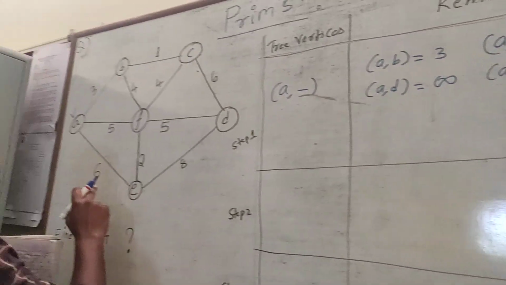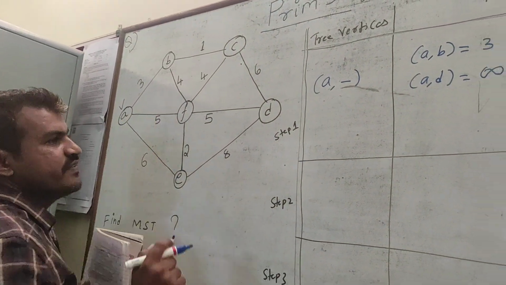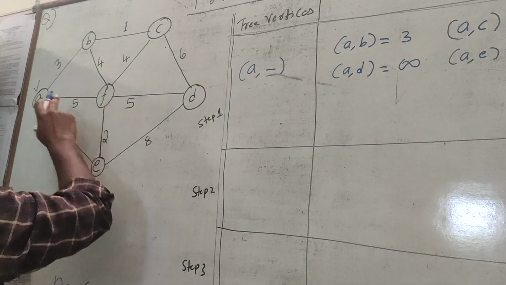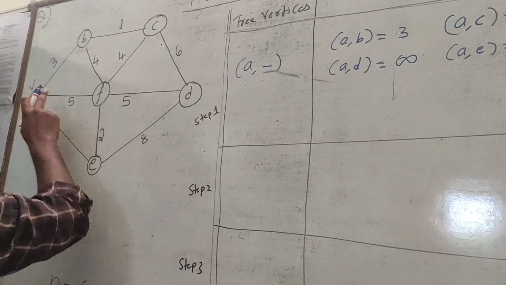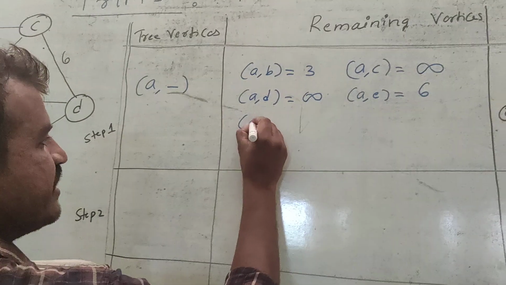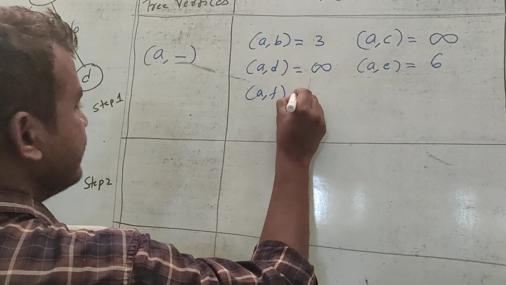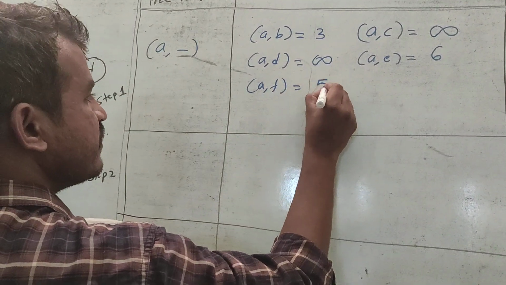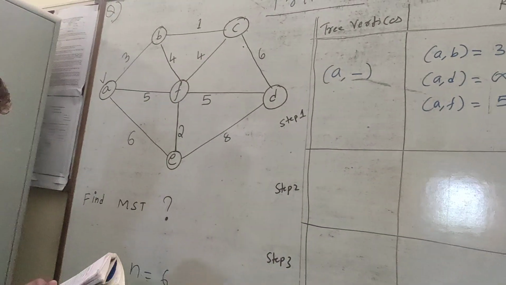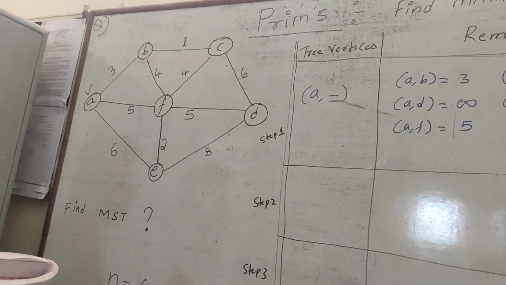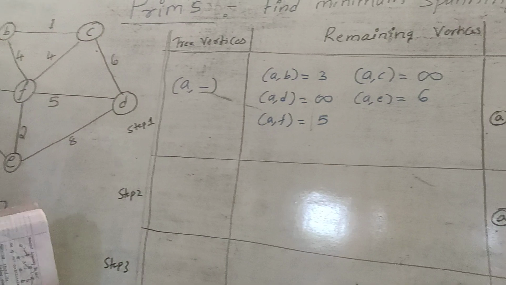Then A to F. Is there a direct edge? Yes, there is a direct edge from A to F. What's the value? It is 5. That is the initial step.